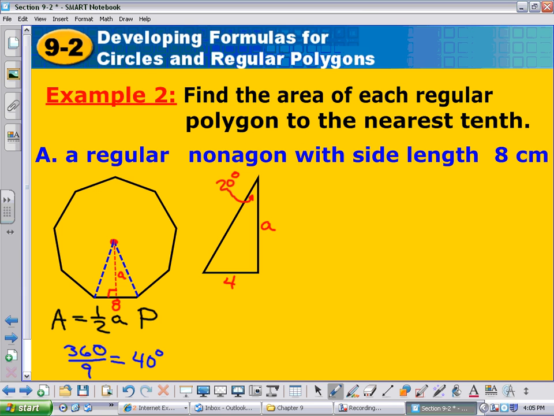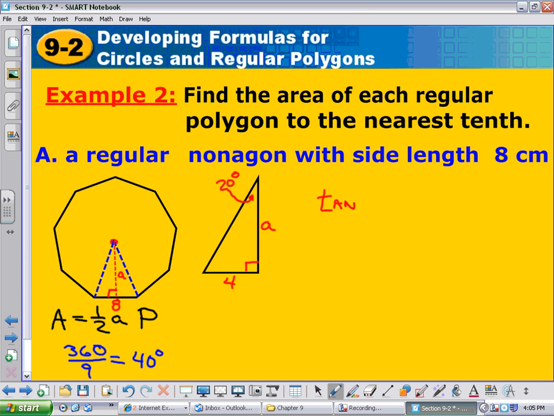And so because this is a right triangle, we can do some trig to find out what A is. If you look at that right triangle, from the perspective of the 20-degree angle, you have the opposite and adjacent sides. So that's going to be tangent.